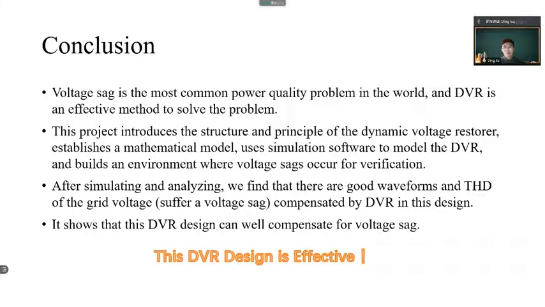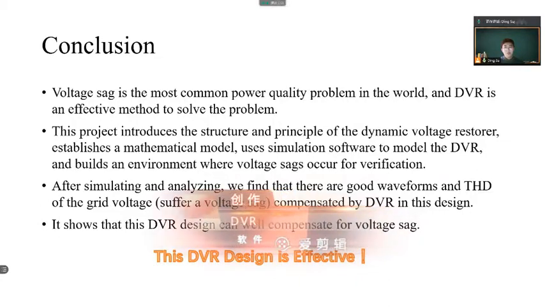Finally, I want to give a conclusion. Voltage sag is the most common power quality problem in the world, and the DVR is an effective method to solve this problem. In this project, we introduce the structure, principle, and mathematics of the DVR, and we use MATLAB simulation software to build the model of the DVR and build a corresponding environment to deal with the problem.